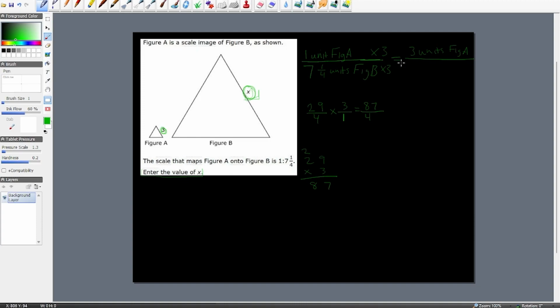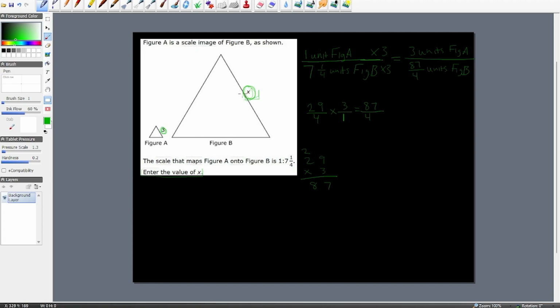So now we can jump back in here and fill this. So this is 87 over 4 units on figure B. So given that initial ratio of 1 unit of figure A corresponds to 7 1/4 units of figure B, we multiplied the top and the bottom by 3 to now say that 3 units of figure A must correspond to 87 over 4 units of figure B. And by this point, we could actually type this in to our computer and we'd be done, right?